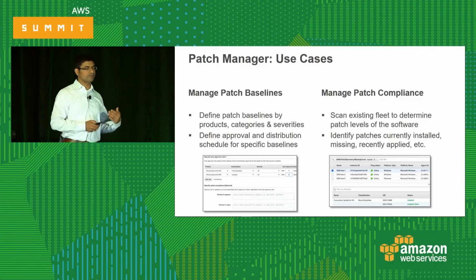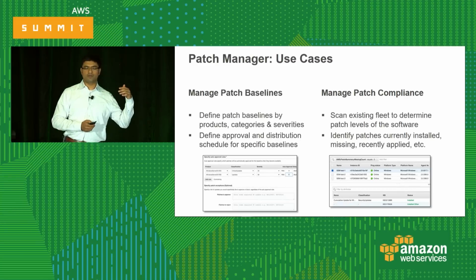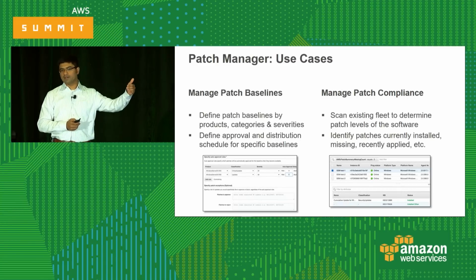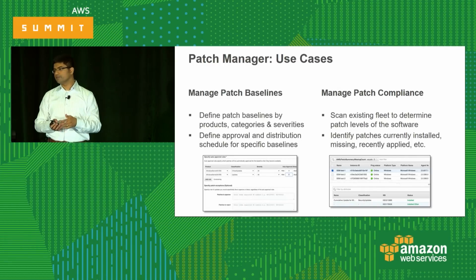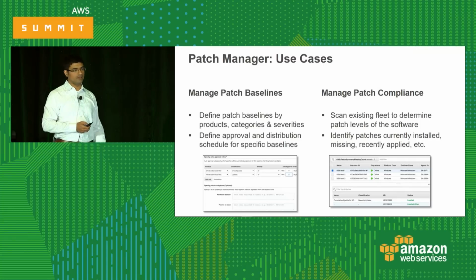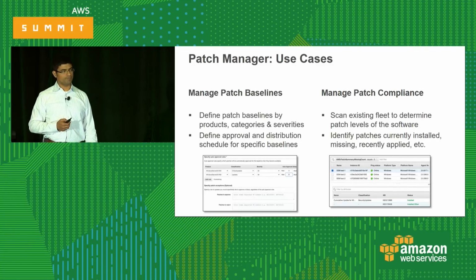So an example of that would be when Windows or Microsoft issues critical updates, wait for 7 days before applying it to my production servers, but wait for 0 days before applying it to my dev servers. That's an example of a patch baseline. I'll show you some examples of patch baselines, and you can always customize those as well.